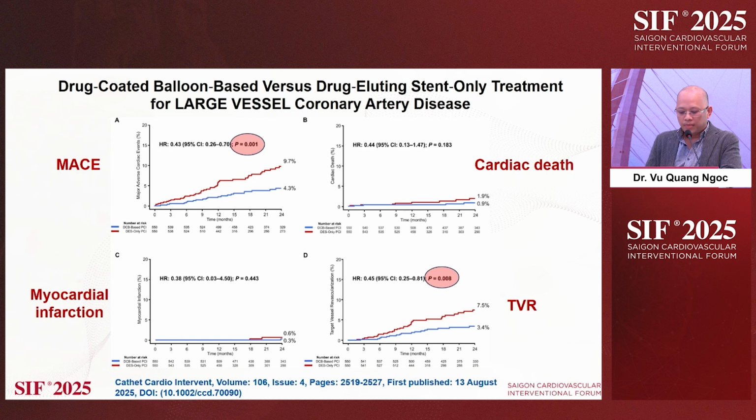Amazingly, the MACE and the rate of revascularization are lower in the DCB group, and there is no significant difference in myocardial infarction and cardiac death compared to the stent group. So we can apply DCB without worrying too much about myocardial infarction and cardiac death in this group as well.